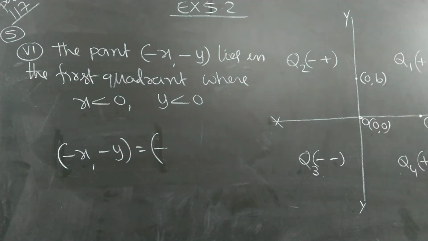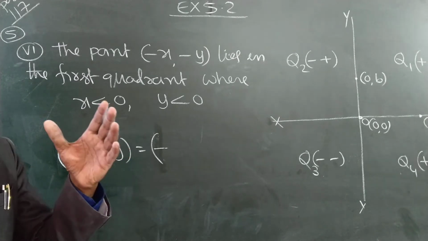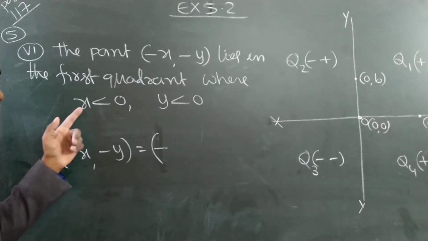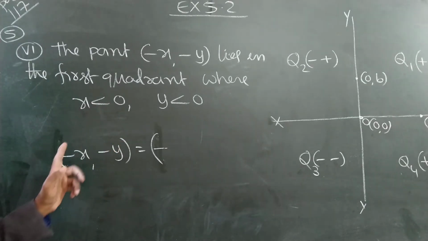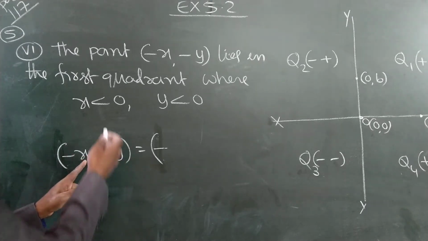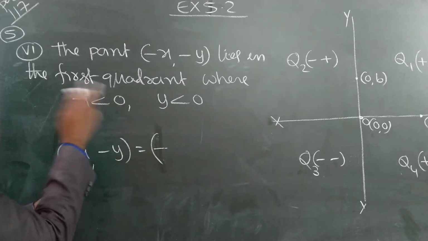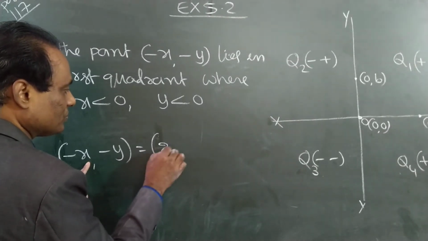Less than 0 means negative, no? So let us take -2. Already minus is there. If x is equal to -2, then -x is minus of minus, plus 2.